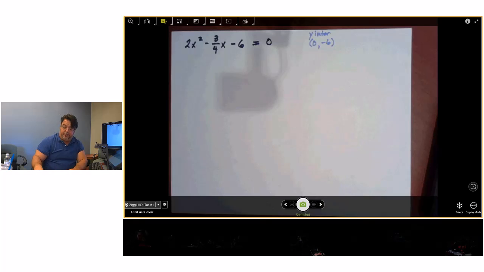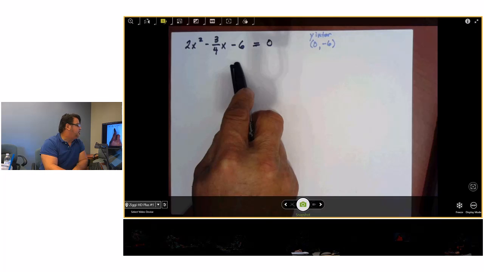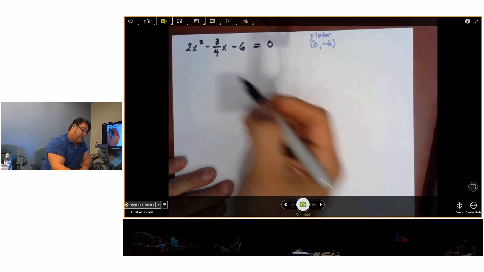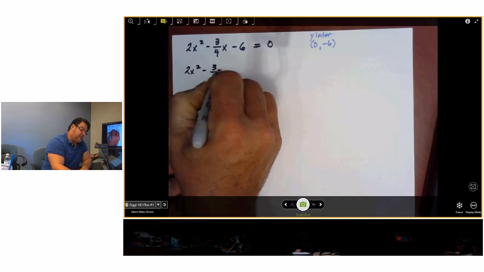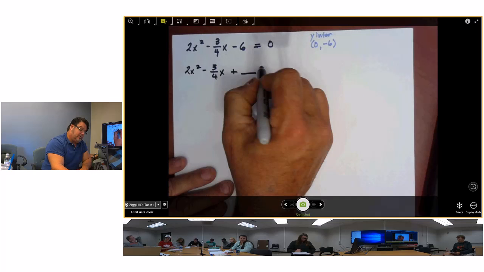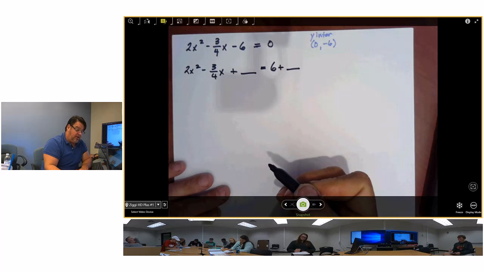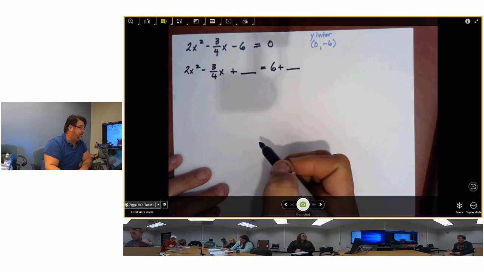So there's our problem. Did y'all get this much of the problem? Yeah, we did. Okay. All right. So 2x squared minus 3/4 x plus blank is equal to 6 plus blank. Now be careful here. If you suck at fractions, then you might want to write down these extra steps.